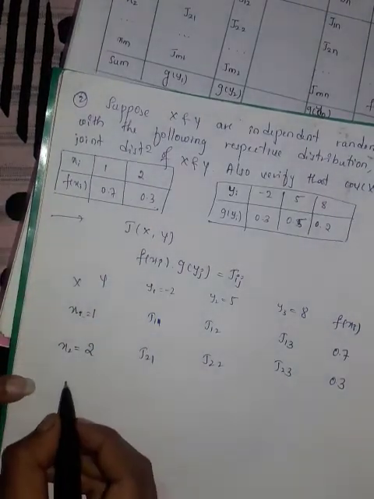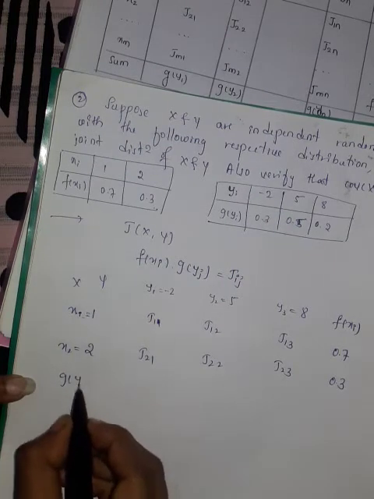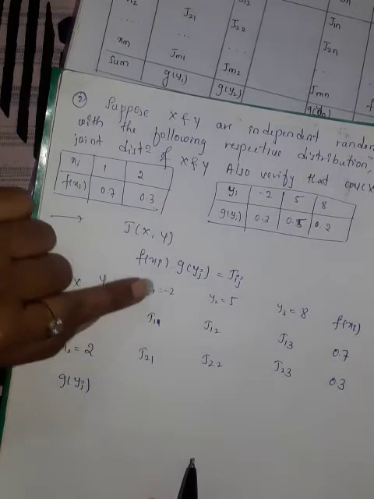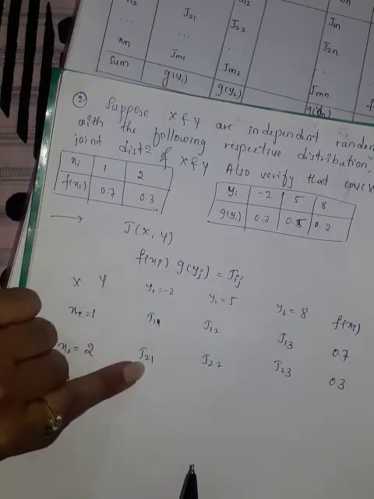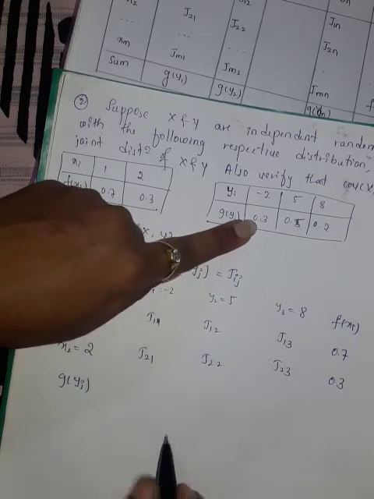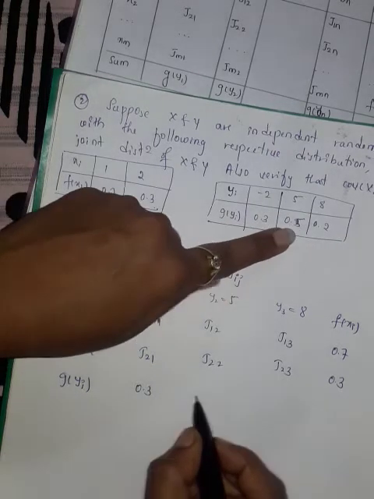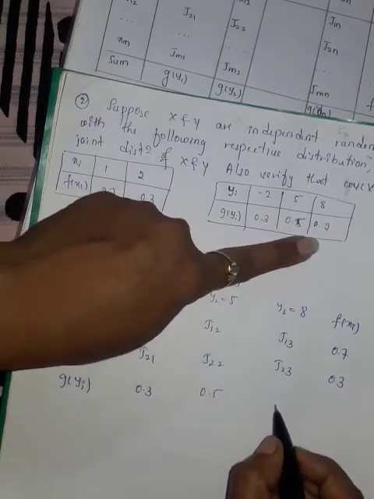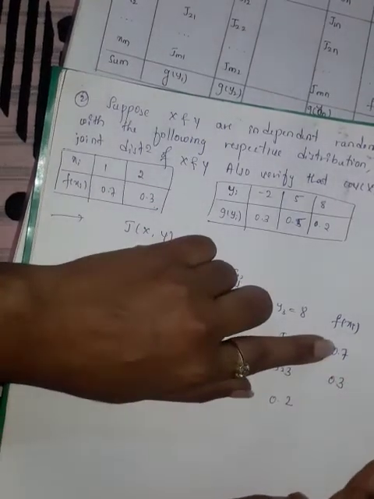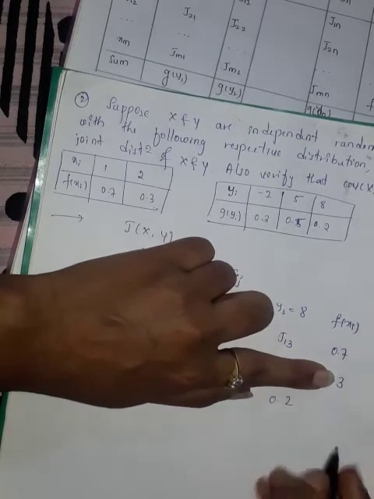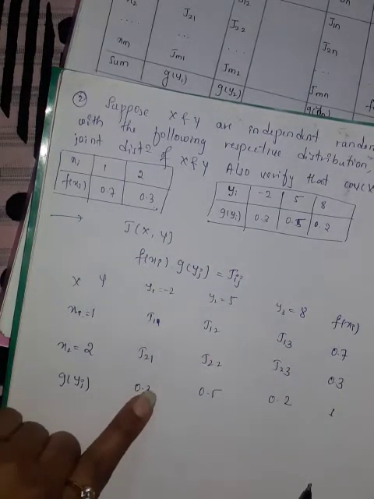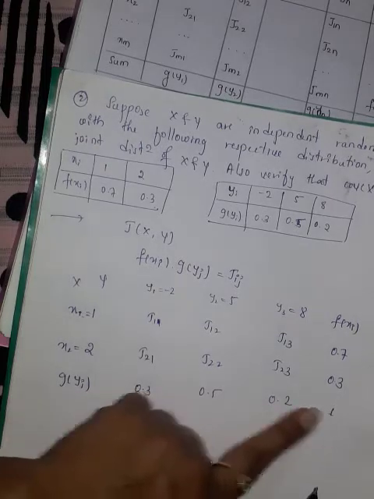Similarly, here we have the g of yj's, that is the sum of j11 plus j21. First y1 is 0.3, y2 is 0.5 and y3 is 0.2. You can see the sum of all the f of xi is 1. And you can observe that the sum of all the g of yj's is also equal to 1.